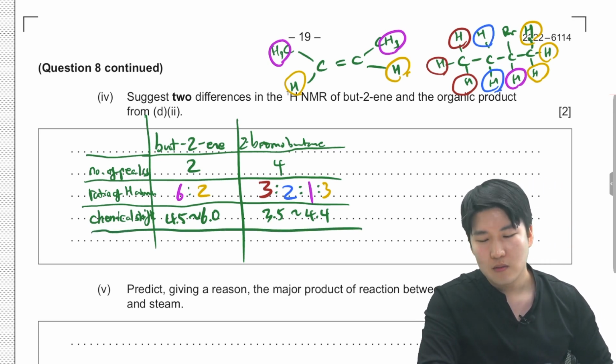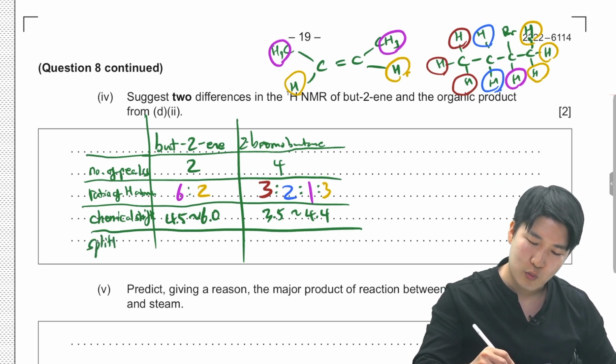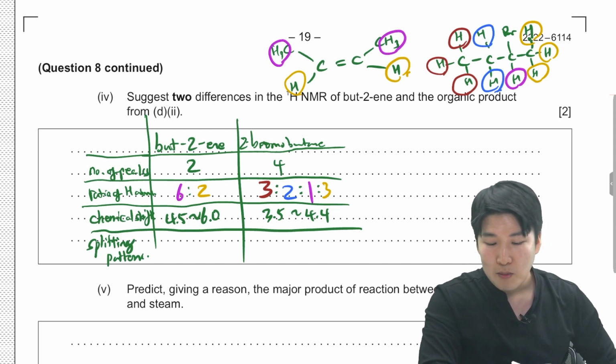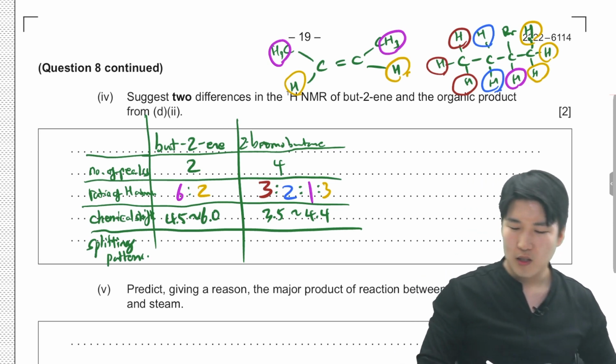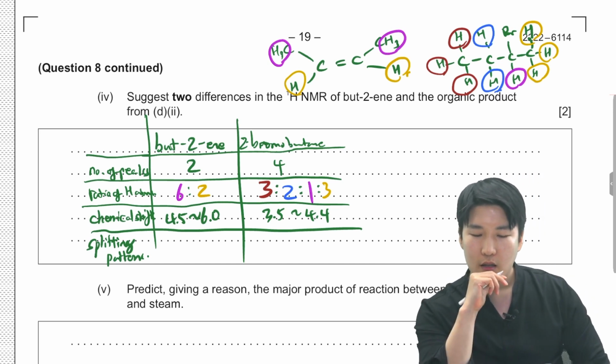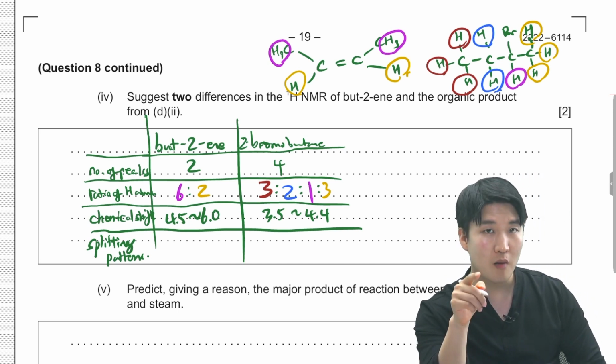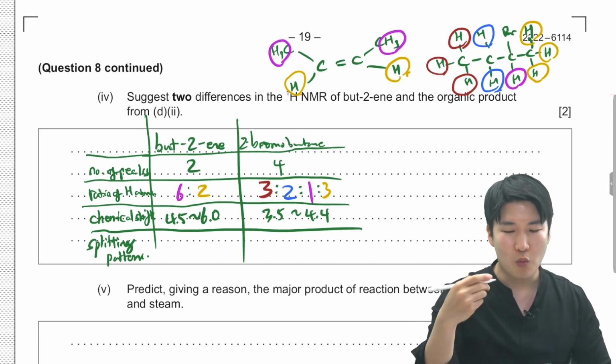Now, the final contrast point, splitting patterns. We can also compare and contrast the splitting patterns for the two. Again, butene is quite straightforward. We have the CH3 bonded to the adjacent carbon with one hydrogen attached. And what does that tell us?